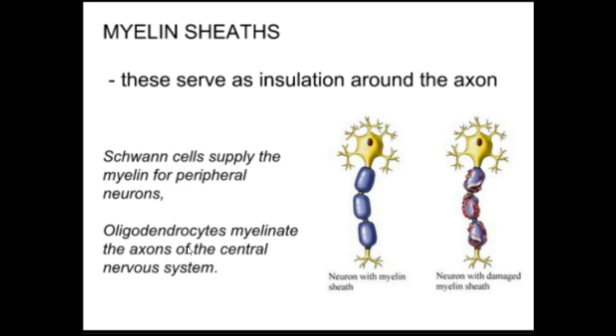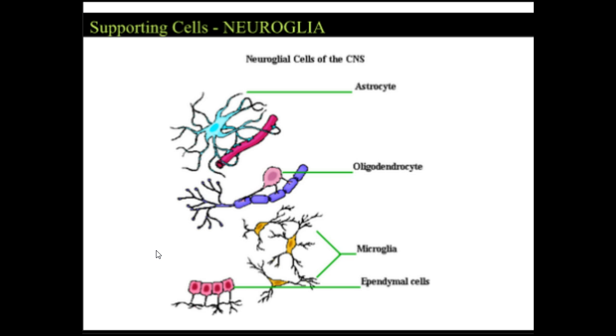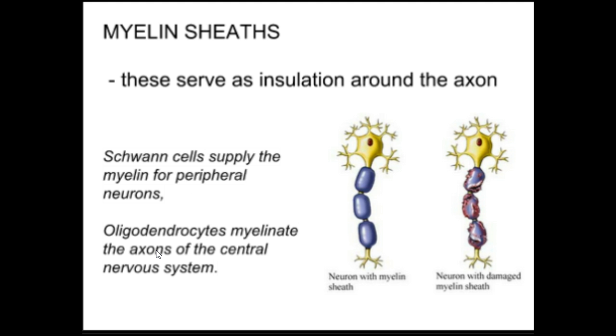So you'll find the oligodendrocytes in the brain and the spinal cord, where you find the Schwann cells in the peripheral nervous system, and they pretty much do the same thing. They provide this sort of insulation for the cell.